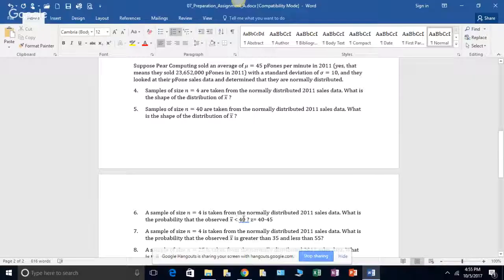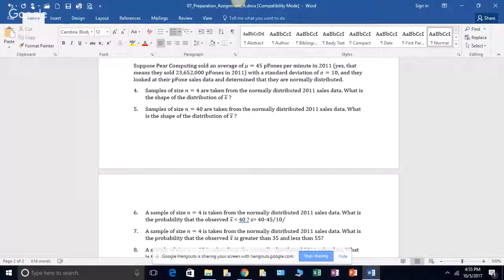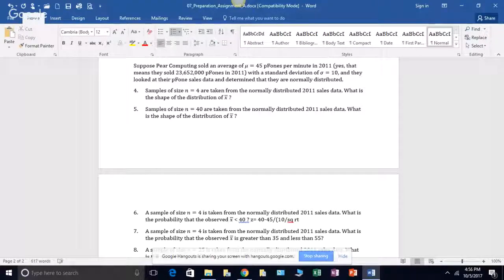X is the 40, so 40 minus 45, which is the mean, divided by the standard deviation, which is 10, divided by the square root of 4, because that's the sample size.